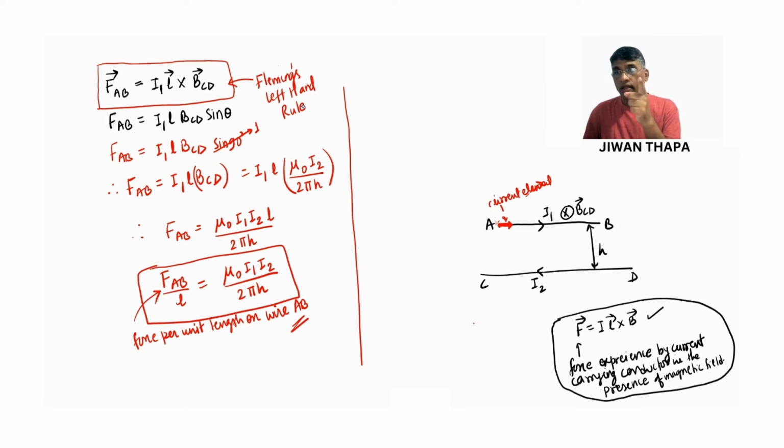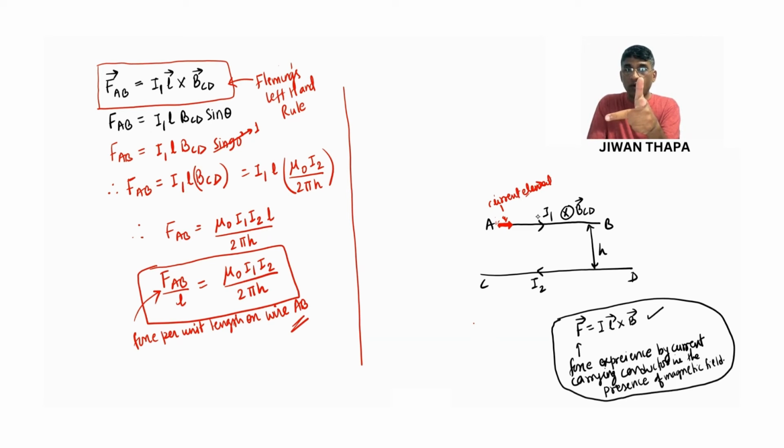So this is my left hand. Now I'm pointing my first finger in the direction of magnetic field B, and as we know, B is perpendicular to the plane of the paper and is directed inward. So the first finger is pointing inward to the plane of the board. My central finger gives the direction of current, and the stretched thumb gives the direction of force.